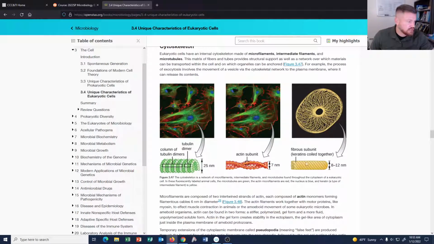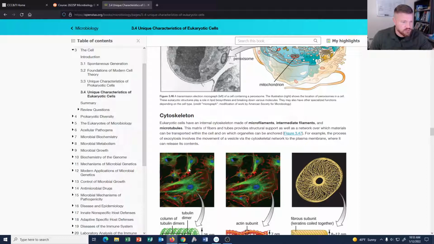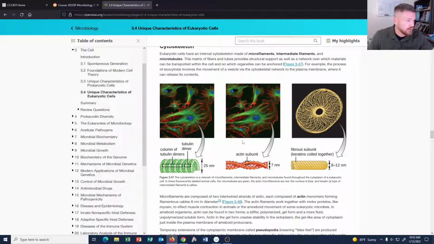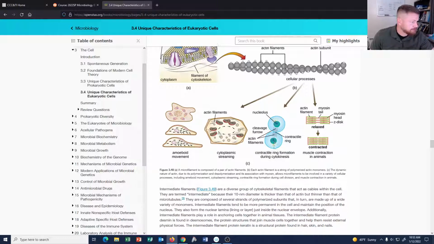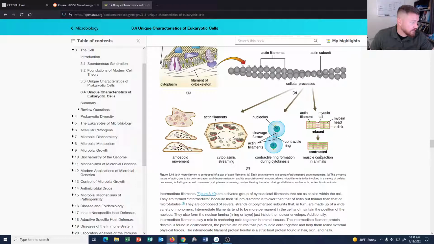Cytoskeletal elements, I don't really worry too much about differentiating these, although if you're in 169 and you're talking about muscle contraction, then really you're talking about cytoskeletal elements there with actin and myosin fibers. Right? And actually there it's showing you that, right?